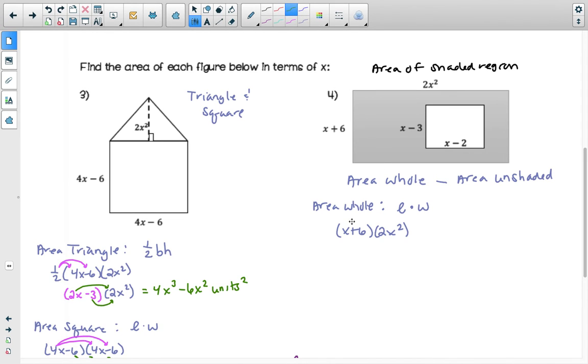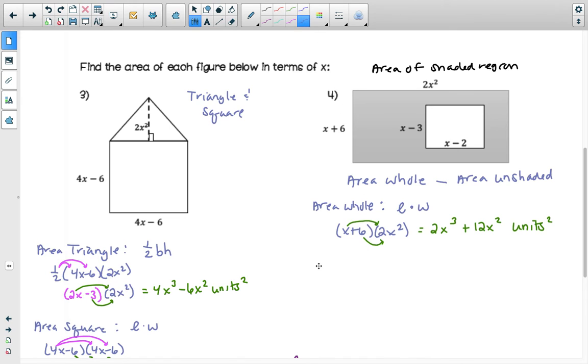We get x times 2x squared and 6 times 2x squared. So x times 2x squared is 2x cubed, and then positive 6 times 2x squared is positive 12x squared units squared. That is the area of the entire picture, of the original outside.